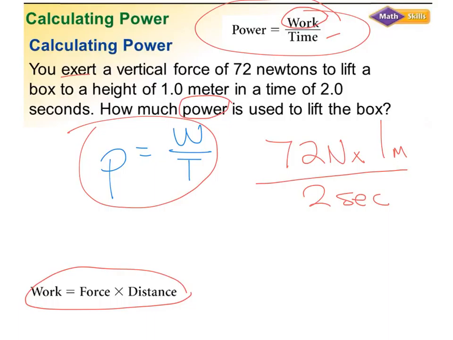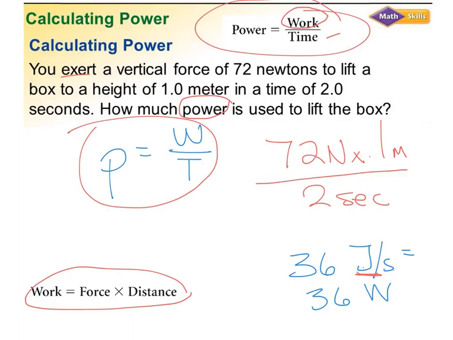Okay, let's do the math. When we do this math, we notice that the answer is 72 divided by 2, which equals 36. Also notice that this answer is telling us joules per second, which is essentially work over time.